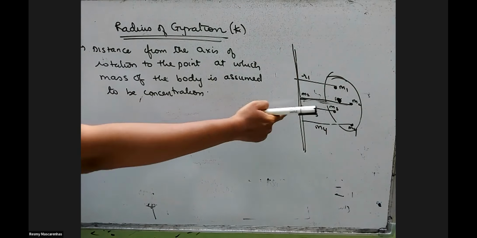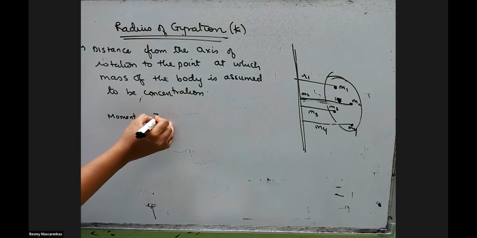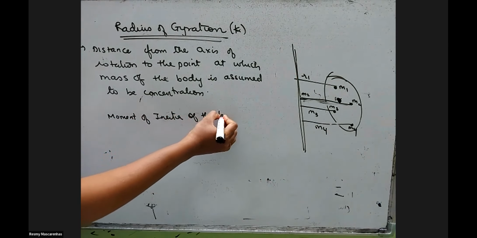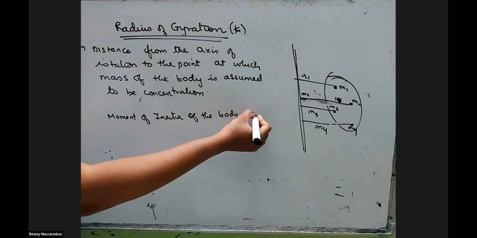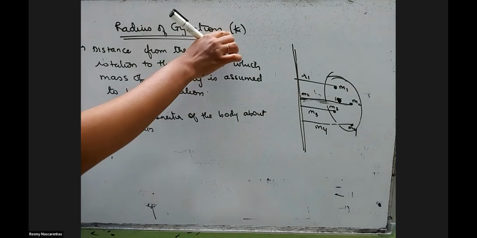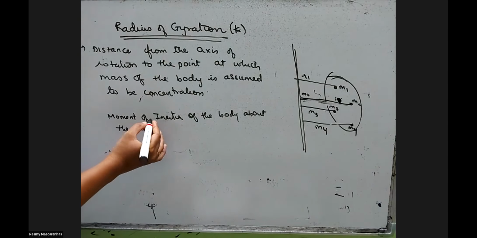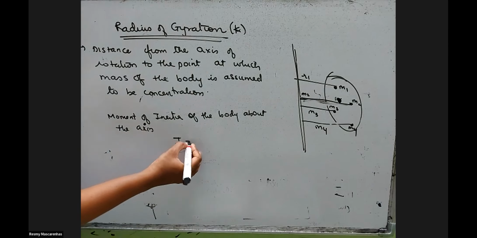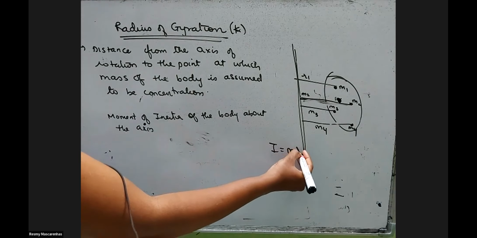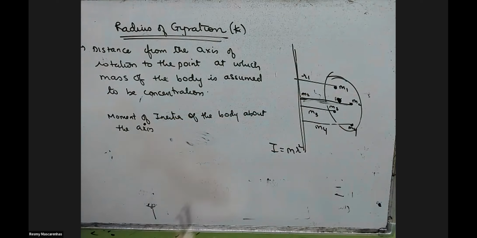So what is the moment of inertia for all these particles? We are trying to derive the formula for K. It's a small one. I is what? I is m r square, we know that. I is always m into the distance squared.